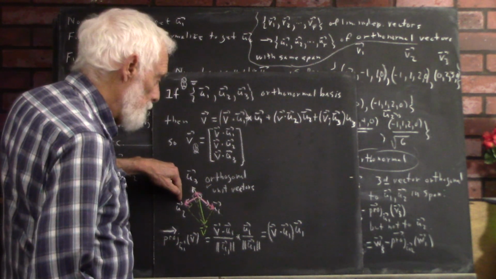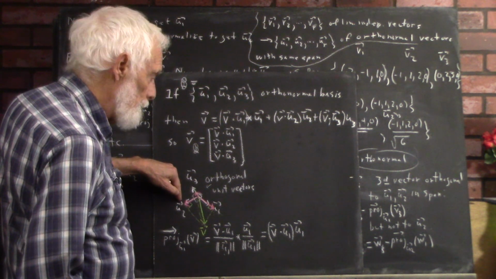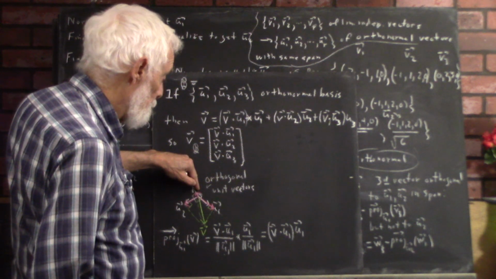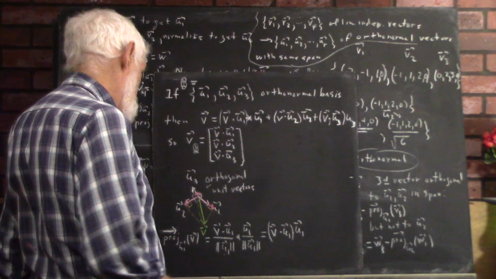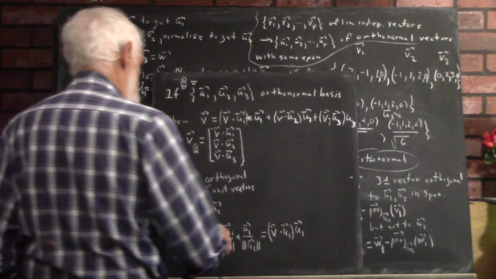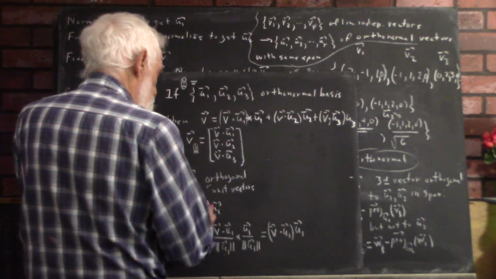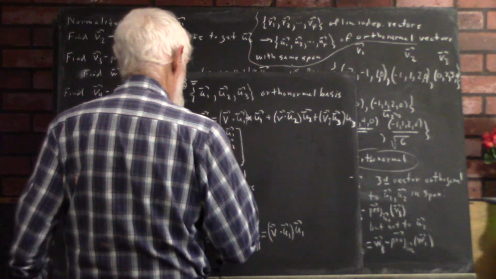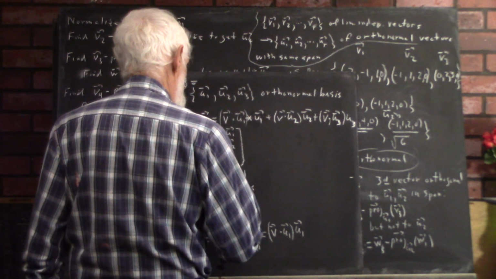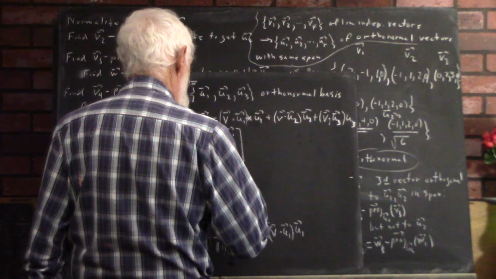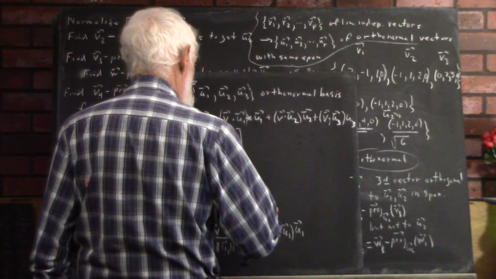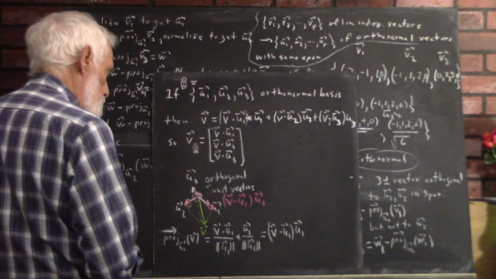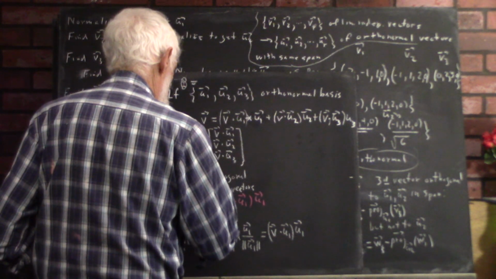This vector will be v dot u2 times u2, and this vector is v dot u3 times u3. So we've established that this vector projection of v onto u1 is v dot u1 multiplied by u1.